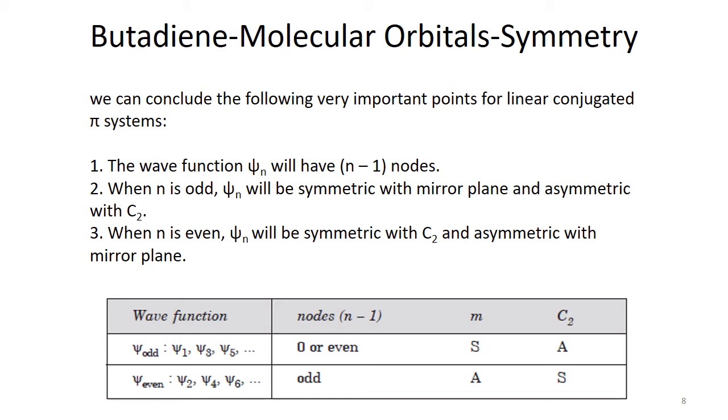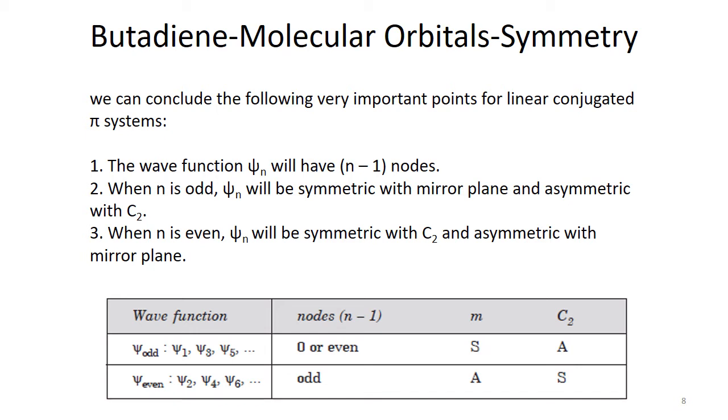So it is always 1 less than the number designation of this wave function. The second conclusion says that when n is odd, psi n will be symmetric with respect to the mirror plane and asymmetric with respect to C2. Just like psi1 was symmetric with respect to the mirror plane, but asymmetric with respect to C2.